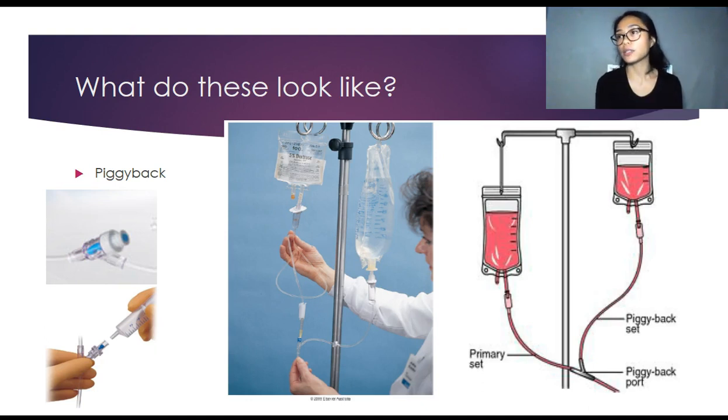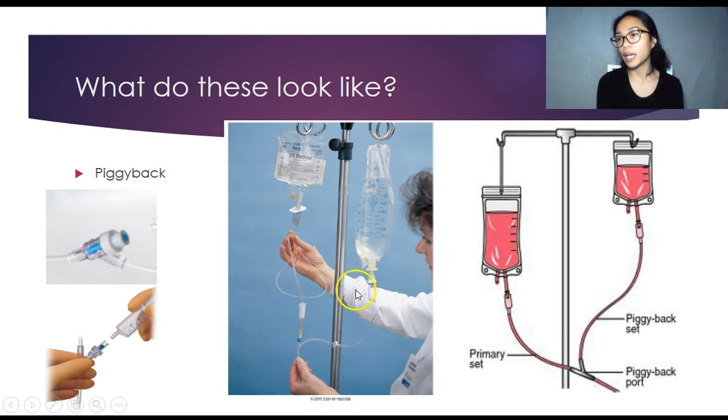There's a lot of different types of ways of giving infusions and medications. This is to show you a piggyback line, and that's what it's called, piggyback. It means that you have one line that's going into a patient, but there's a port on the giving set that allows for either IV injections, or you can actually connect the patient end of another giving set to that port, and then you have two bags hanging, two lines that are primed.